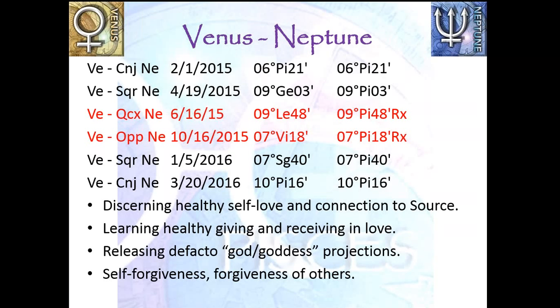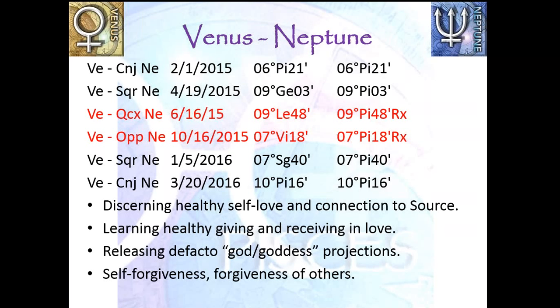So there's going to be a little Venus Virgo flavor before it retrogrades back into What About Me, Leo. We're going to be needing to discern healthy self-love and connection to Source, not sacrificing ourselves till we're exhausted. Healthy boundaries, healthy self-love, healthy reconnecting to Source. Learning healthy giving and receiving with others in love.